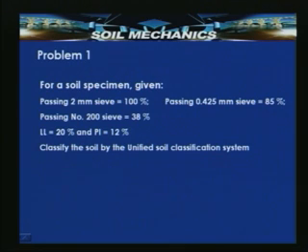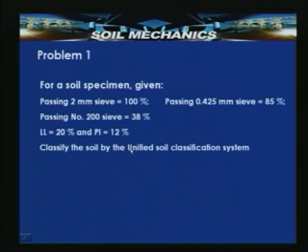The statement is as follows: for a soil specimen, the percentage passing 2 mm sieve is 100%, passing 0.42 mm sieve is 85%, and passing number 200 sieve is 38%, which is less than 50%. The liquid limit is 20% and the plasticity index is 12%. Classify the soil by the Unified Soil Classification System.